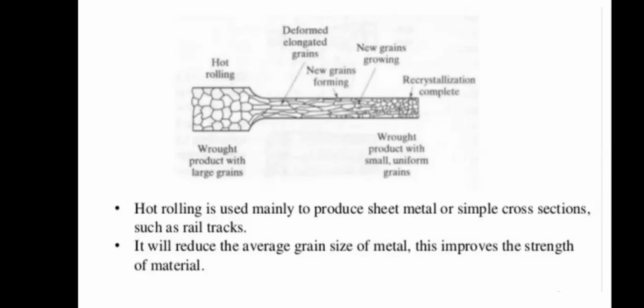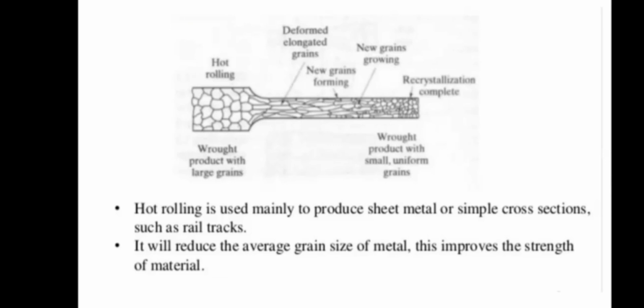As it is reduced, the circular grains will be flattened as it comes out of the exit of the roller. With further movement of the material, the grains will be reduced to smaller grains. The recrystallization takes place again because of force. Reduction of grain into a fine size will take place in hot rolling.